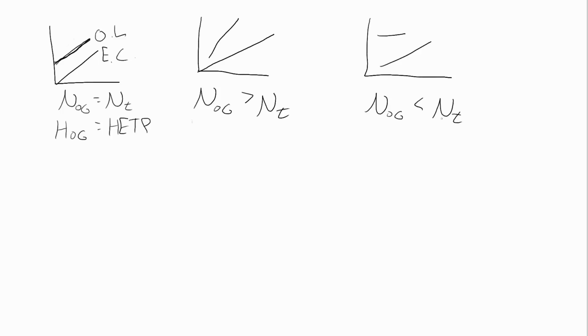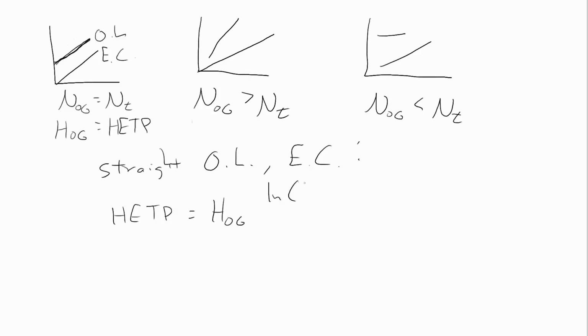If you have straight operating lines and straight equilibrium curves, so if both are straight, the following holds. The height equivalent to a theoretical plate is going to be HOG times ln of 1 over the absorption factor, all over 1 minus the absorption factor, over the absorption factor.